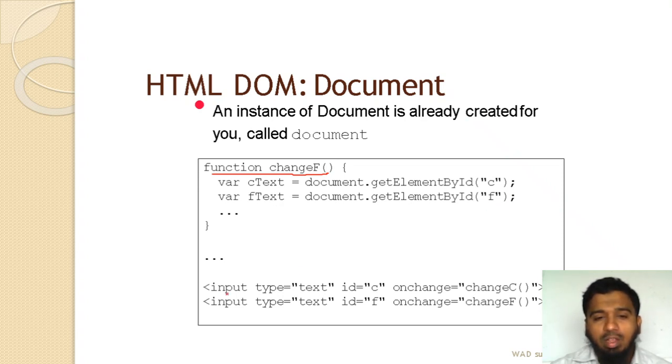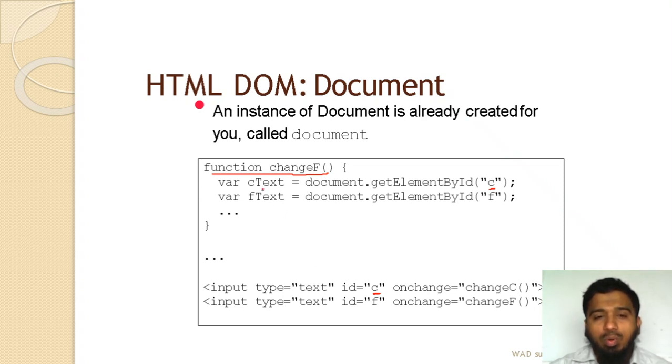Here we are giving input type equals text, id c, so we are calling the id with c, where in the HTML code we have c, onchange equals changeC, with capital C.